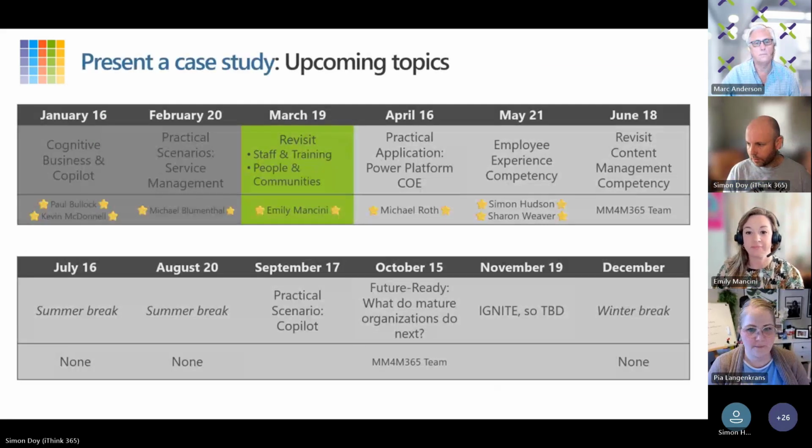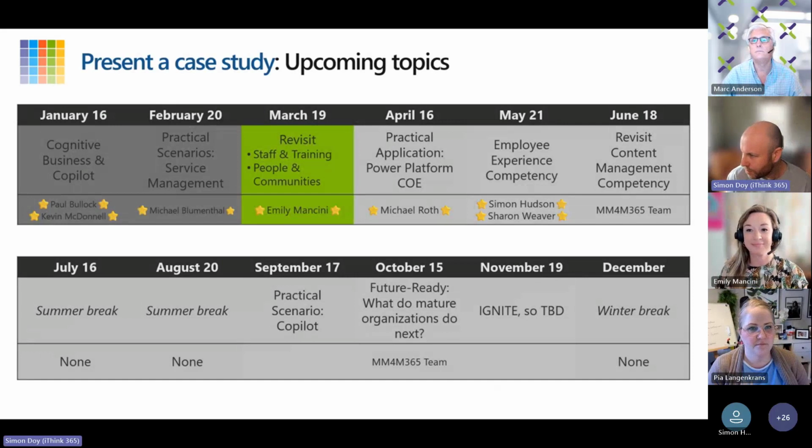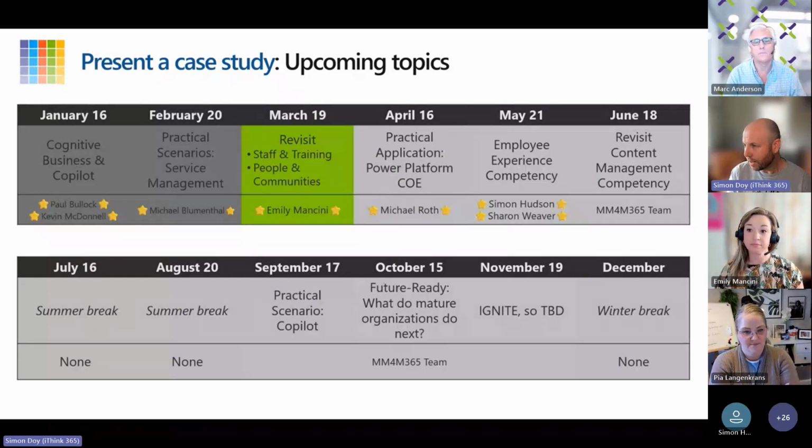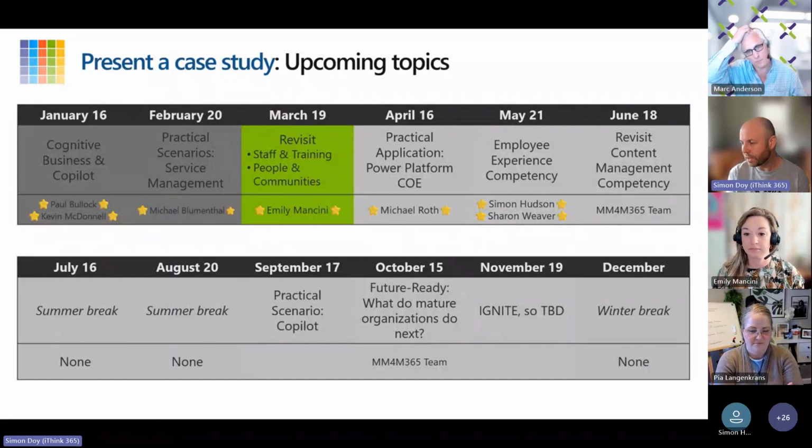And we're doing pretty well, actually. We've pretty much filled out our schedule for the rest of the year. So today we've got Emily revisiting the staff and training and people and communities. Next month we've got Michael Roth, who's going to be talking about the Power Platform and the Centre of Excellence. And we've got Simon and Sharon talking about employee experience in May.